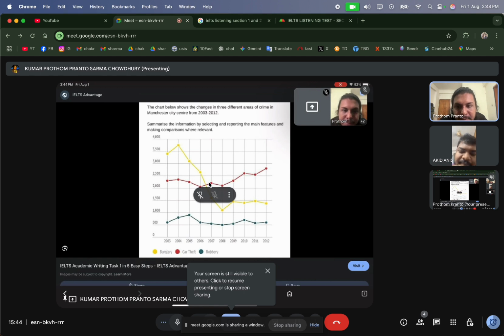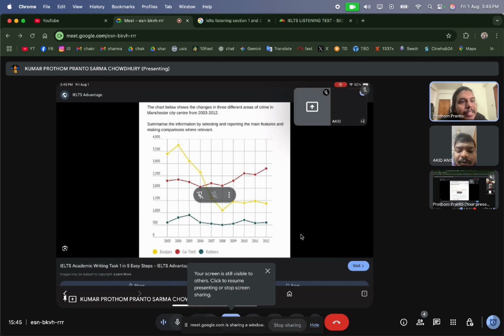For example, here you see the burglary rate declined, but car theft remained almost stable, and it increased a little bit in 2010. The number of car thefts increased, then was steady for a moment, then increased again. And robbery, in 2003 it was like this, 2005 like this, then it was stable for some time, then again. You get the idea, right?